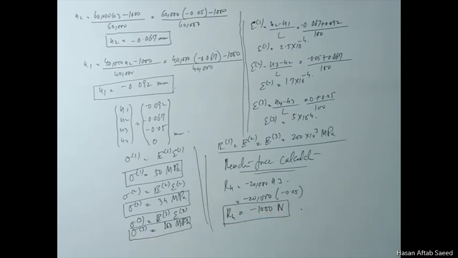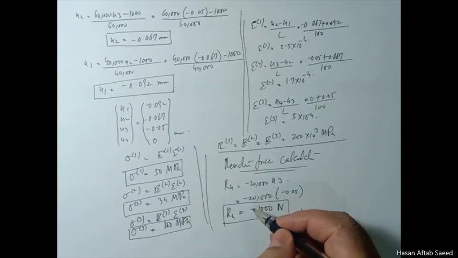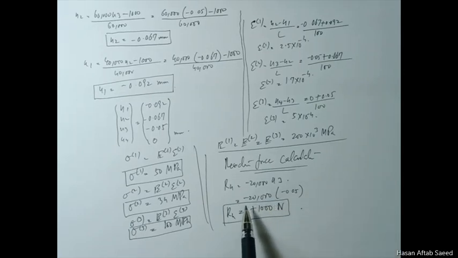Now again, this makes great sense. R4 is plus 1000. Minus doesn't make sense. Plus makes sense.